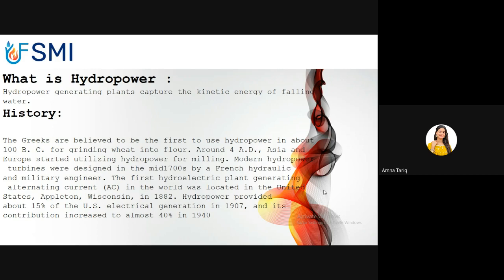Modern hydropower turbines were designed in the middle of the 17th century by a French hydraulic engineer. Hydropower generated about 15% of the USA electrical generation in 1970, and its contribution increased to almost 14 in 1940.